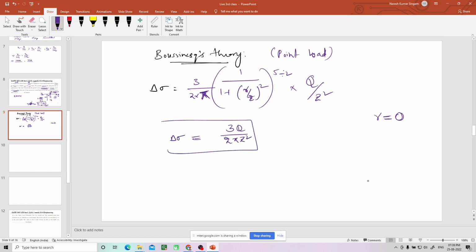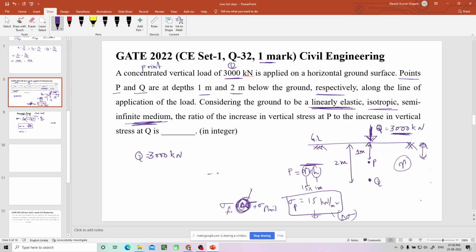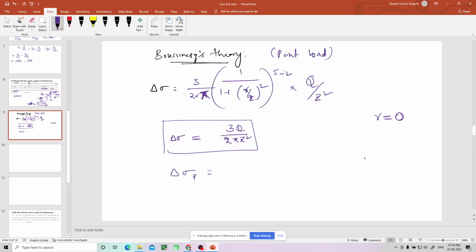Now here we will substitute the given values, delta sigma at P. So P is at the distance of 1 meter below the ground. So 3Q by 2 into pi into 1 square. So what is delta Q?